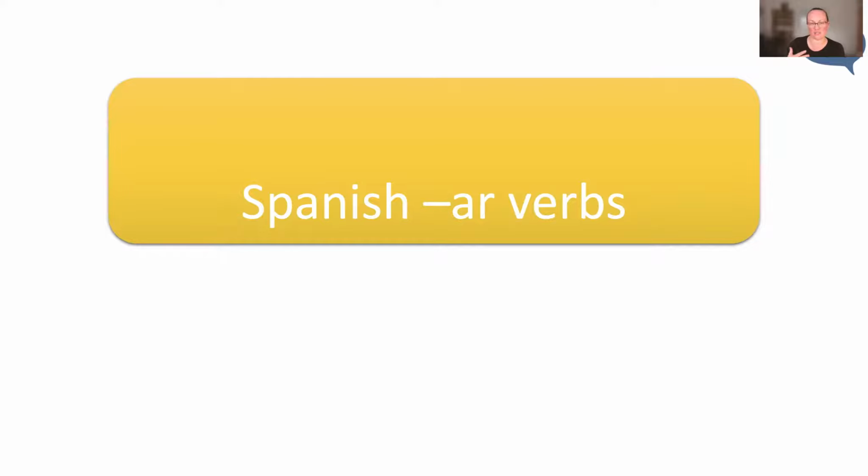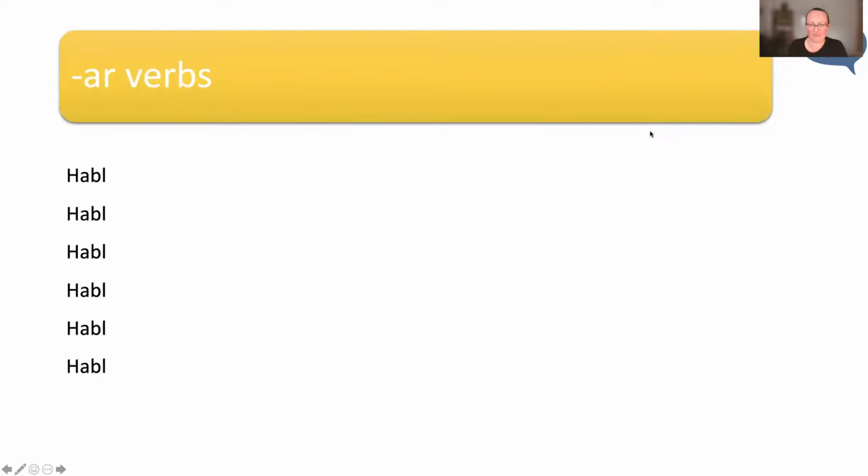So the U changes to a U-E. The jug is the stem, and that changes. That's why it's called a stem changing verb, and it changes in a few of the different people, not all of them. But what we're looking at today is AR verbs that are regular and not stem changing, and we're just looking at the present tense.